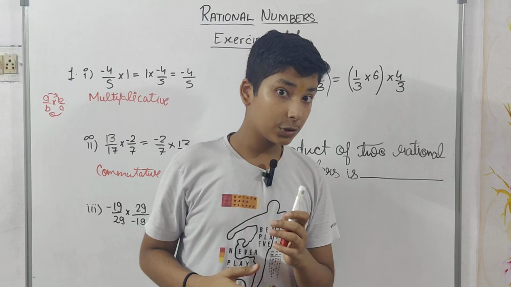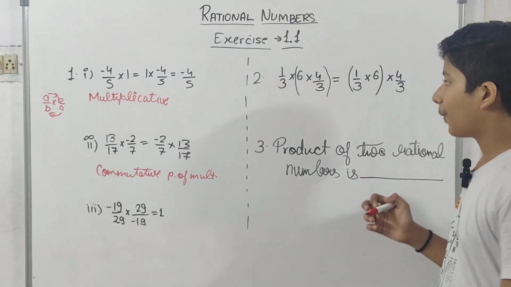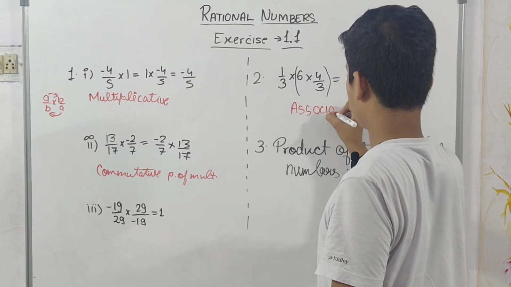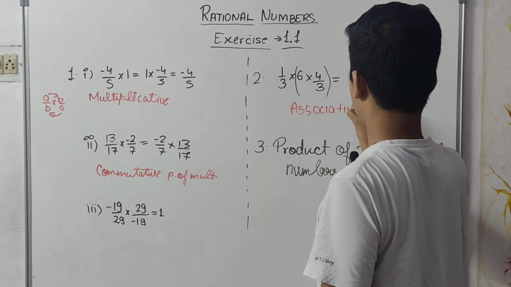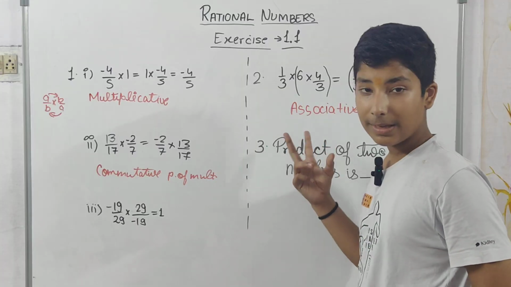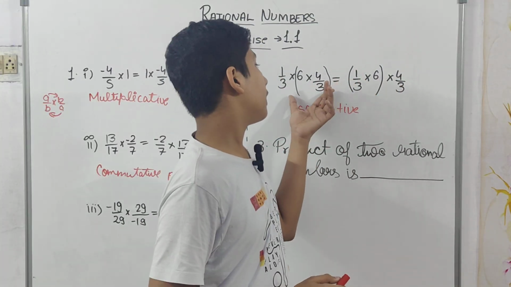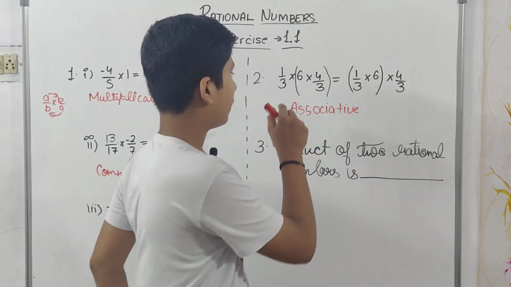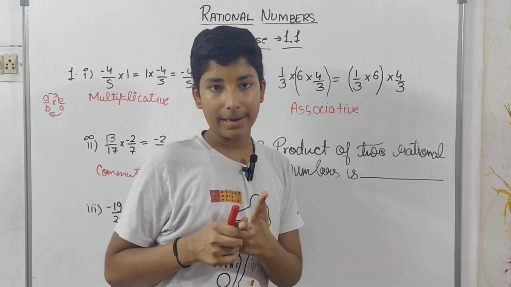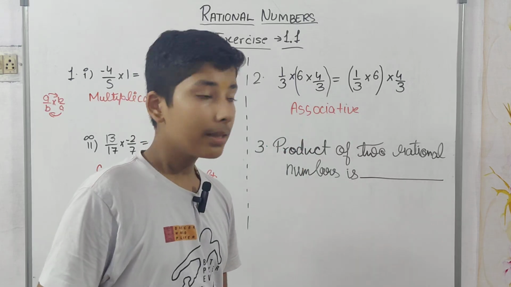Which property allows you to say that these are equal? It is the associative property. Associative property means that in addition and multiplication, it depends on the brackets. When you solve the brackets, by adding or multiplying, the results will always be the same.